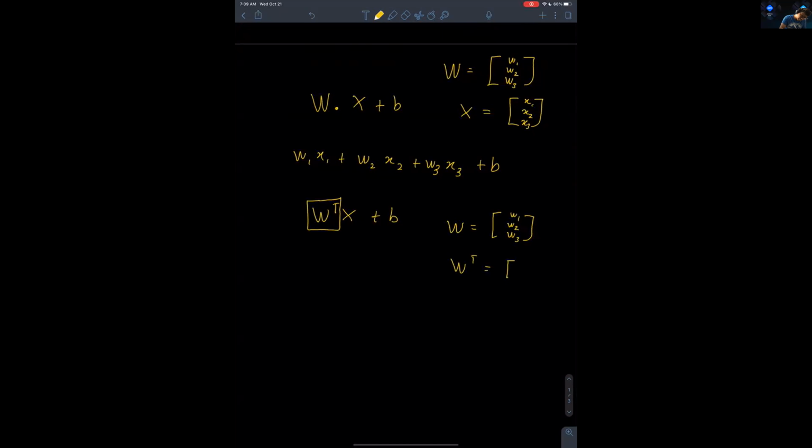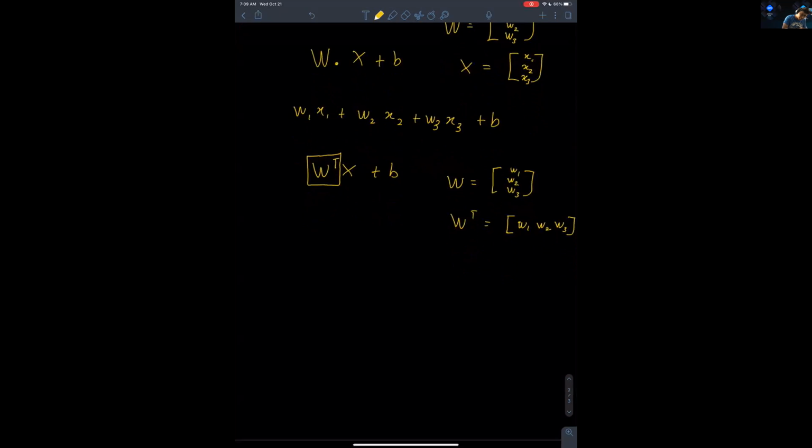So you're going to get W1, W2, W3. That's just a nice way to think about it. And when it comes to the multiplication, this is essentially going to become W1, W2, W3 times X, and X stays the same: X1, X2, X3.